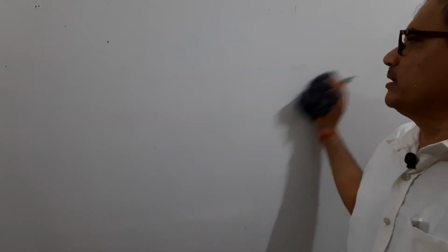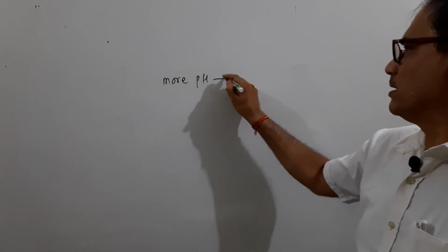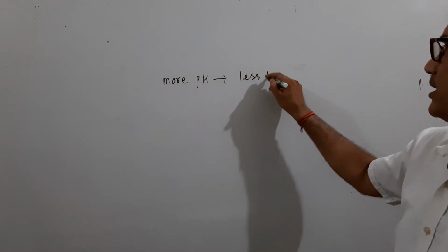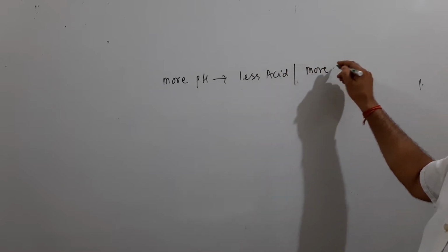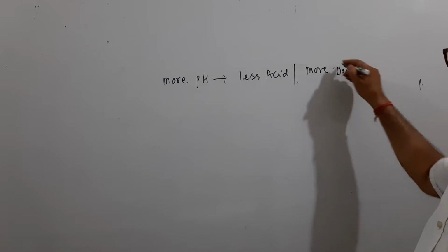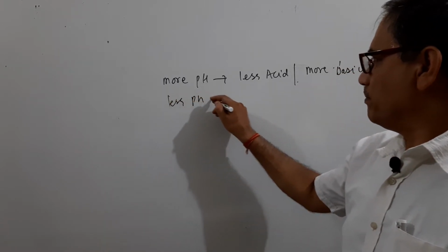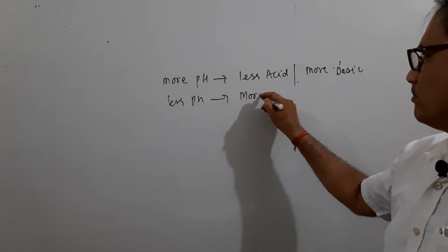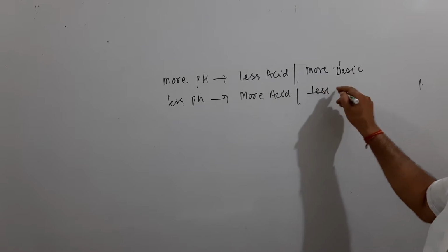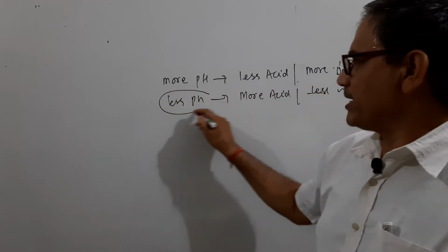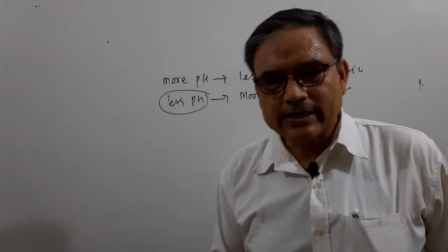If you find the result, more pH means less acid, or we can say more basic, and less pH means more acidic in nature, more acid, and very little base. Less pH means more acidic in nature, the strongest acid we can say.